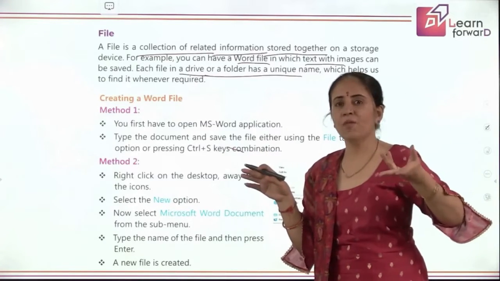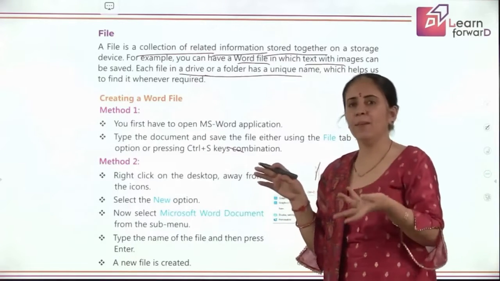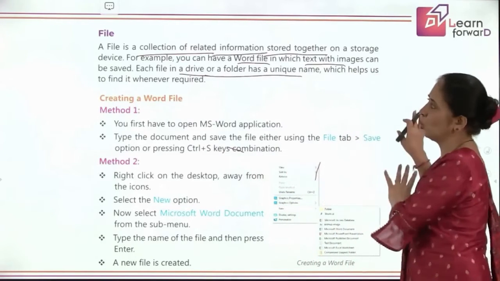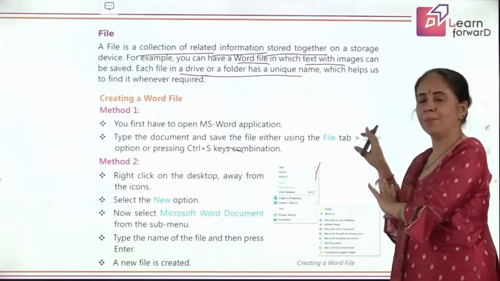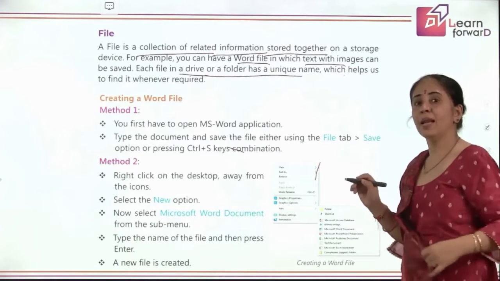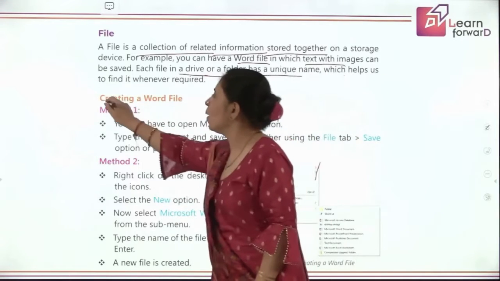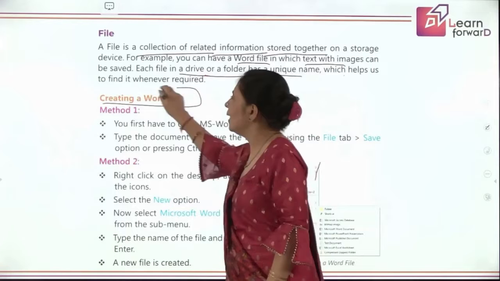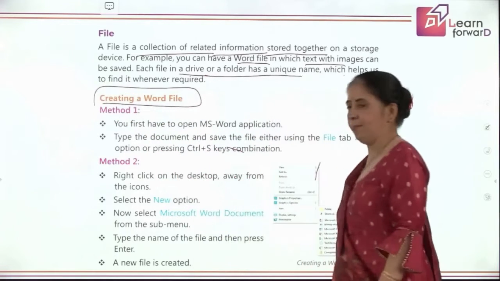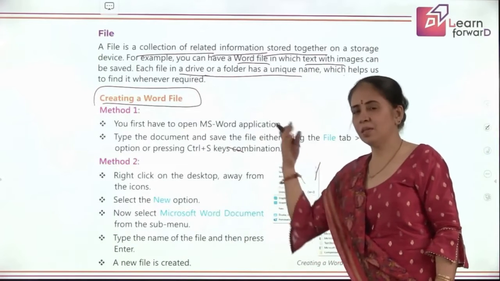In the same way, it is a good practice that you give a name to your file and store it in the computer memory. Like we were talking about the Word file, I'll tell you how to create one. The next thing we are going to learn is creating a Word file. Again, we have two ways to do it. Let's see the different methods.